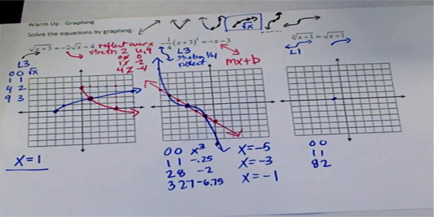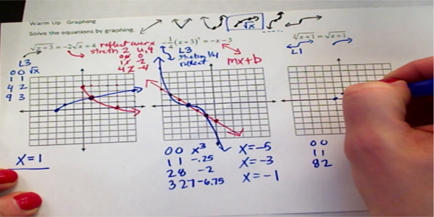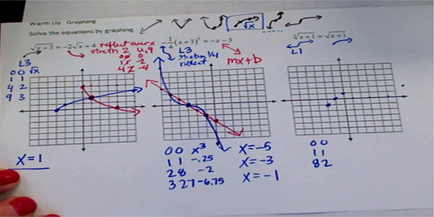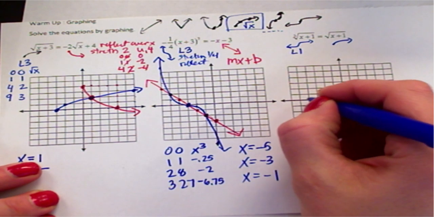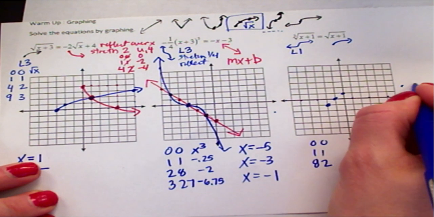Notice to get my count, all I'm doing is I'm listing out my perfect cubes in the right order. 8 cube rooted is 2. Notice my 3 dots. They make a nice slope line of 1. Those 3 dots in the middle give you a little hint as to what the A value is. 2, 4, 6, 8. So this is kind of far out.